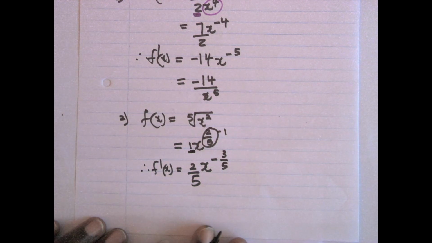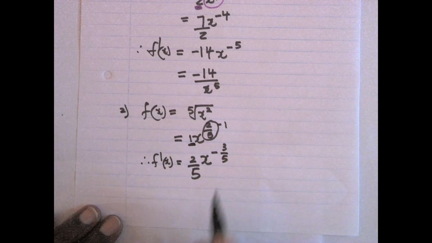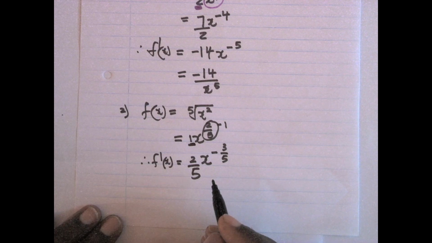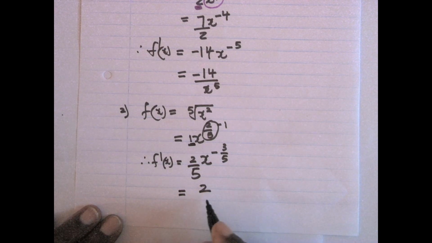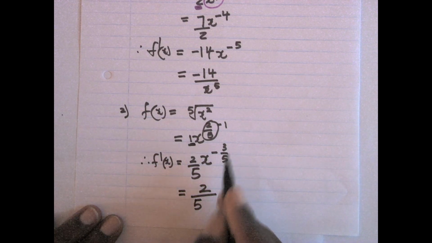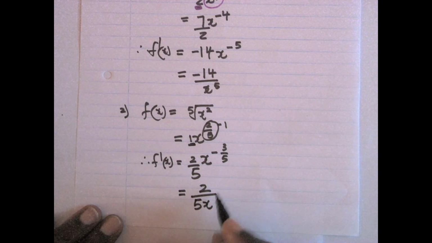And like what I did in example 1 here, I can also write this with positive exponents, and my answer is going to be 2. The 5 was already in the denominator, so it stays in the denominator, and it's going to be joined by x to the power of 3 over 5.